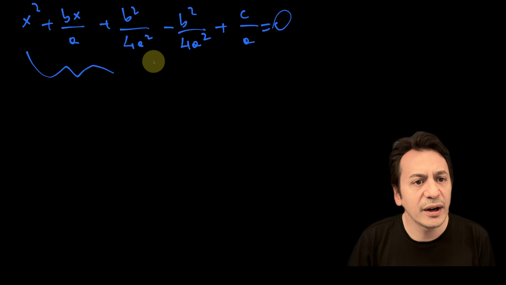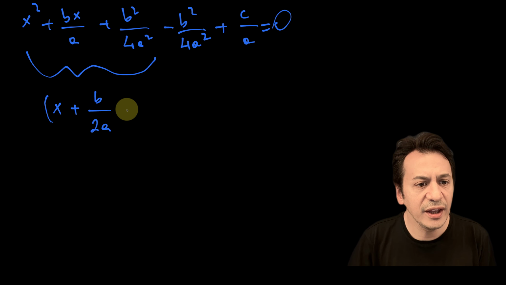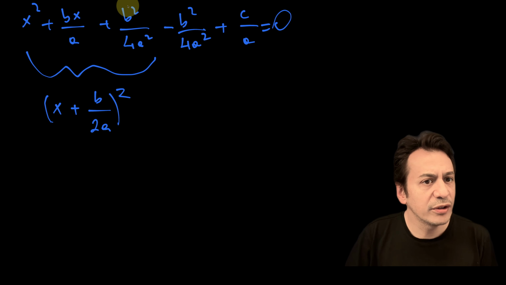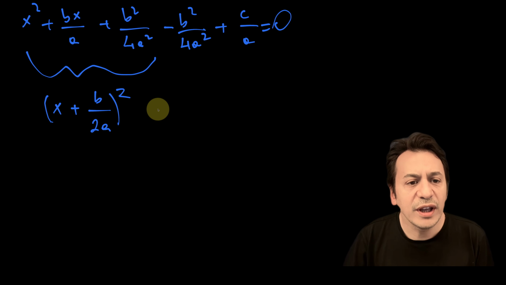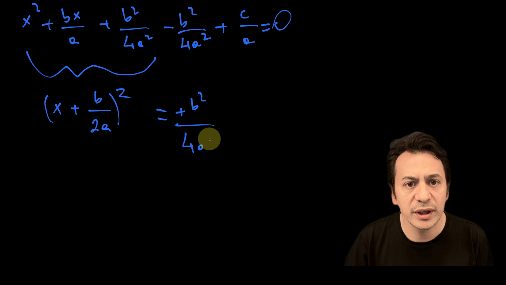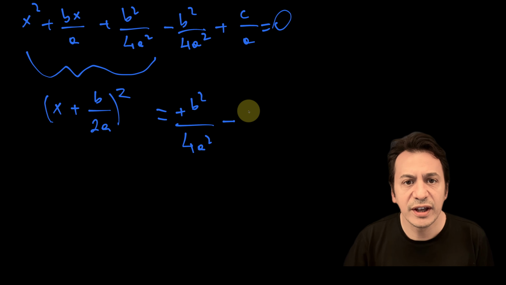So this part I know is the perfect square of x plus b over 2a, squared. Notice that the square root of this term is b over 2a. Equals, now I move this part to the other side. This is minus, so it will become plus b squared over 4a squared, minus, because this will go to the other side as minus, c over a.